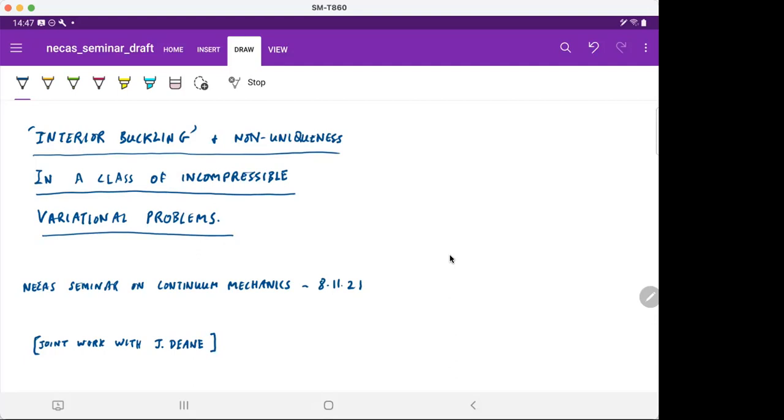So the boundary condition in that case was ostensibly the identity. So it was a pure displacement boundary condition. And the intuition, or at least the description, was later made rigorous by Post and Sivaloganathan in the late 90s.